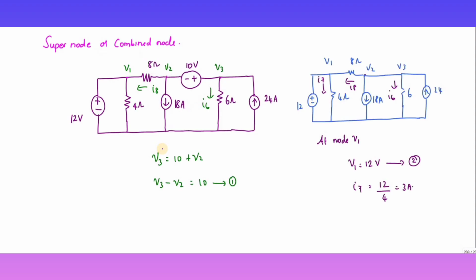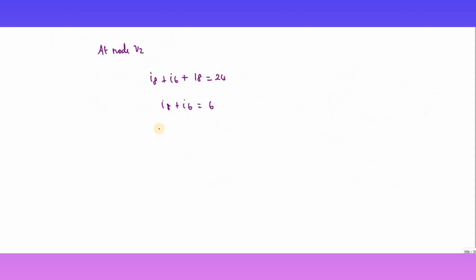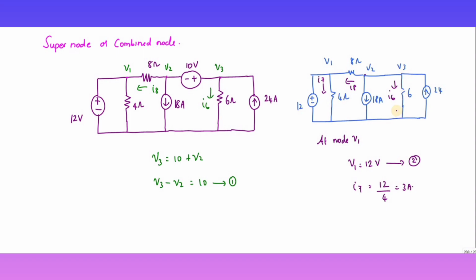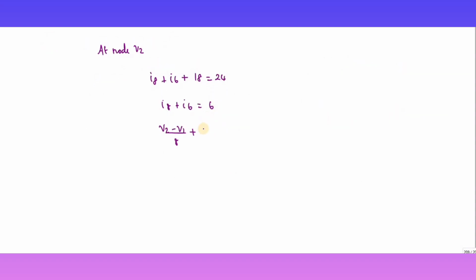What is I8? I8 is nothing but V2 minus V1 divided by 8. Plus what is I6? I6 is V3 divided by 6. Here you should not write V2 divided by 6, I would write V3 divided by 6.